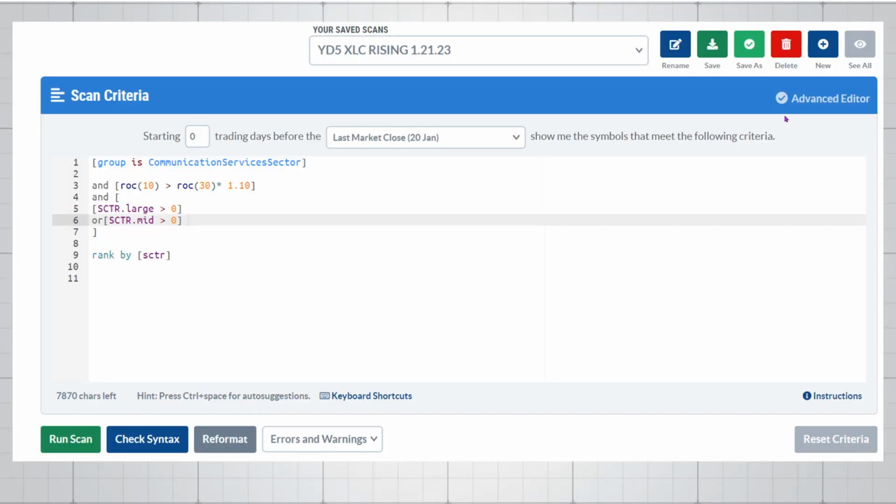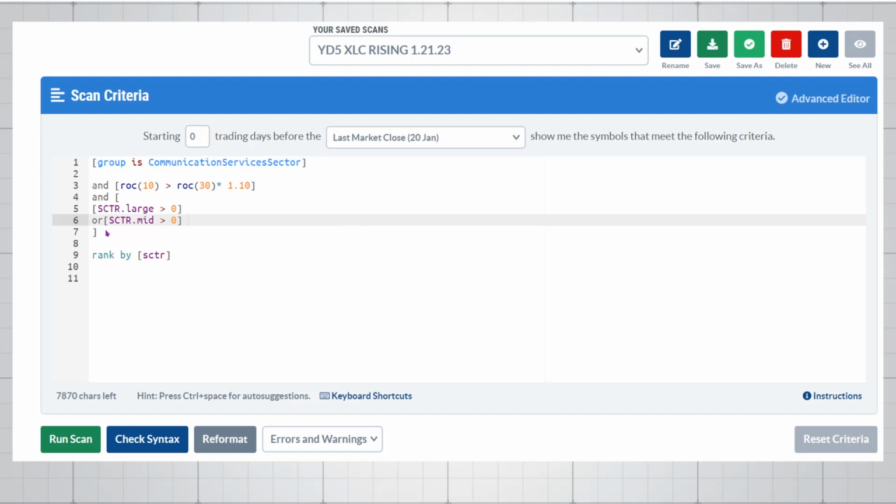Great. So we're able to define the universe of our scanning by using the group syntax that's available down below in the syntax area. Group is communication services sector. That's all that's going to be searched is the communication sector, XLC, and we're asking for something that is showing some strength.